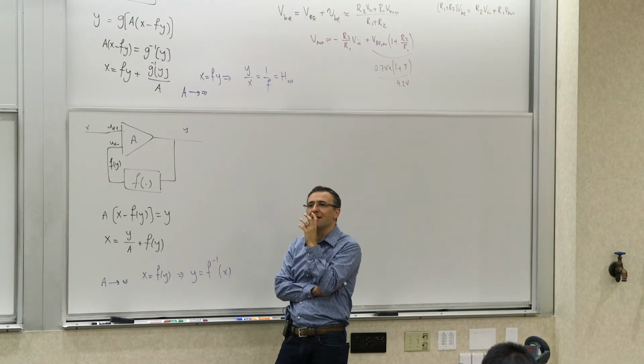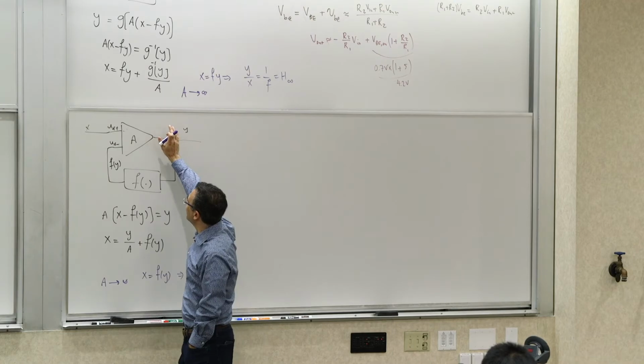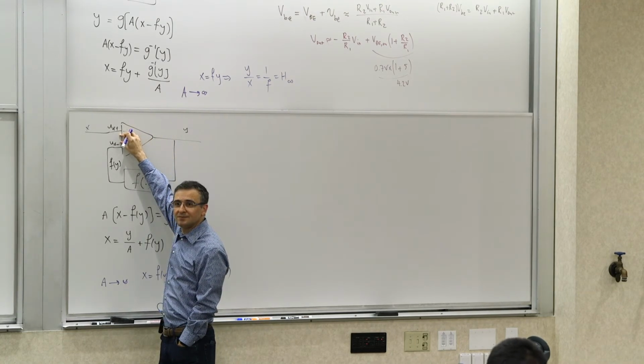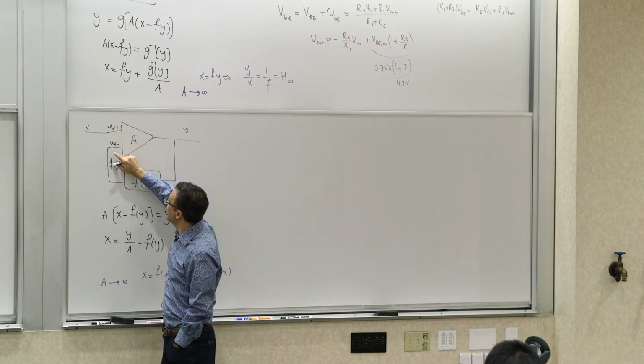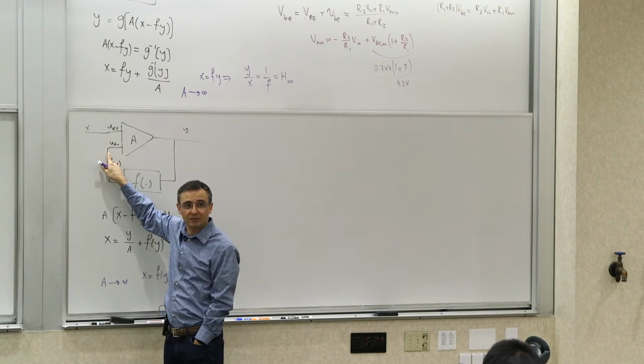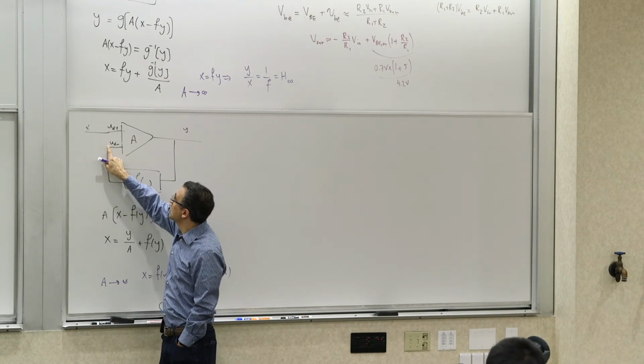We said that if you have negative feedback, to have a finite output, this difference should be infinitesimal, which basically means that the feedback works to force the value of this signal, whatever voltage or current it is, to be equal to that.